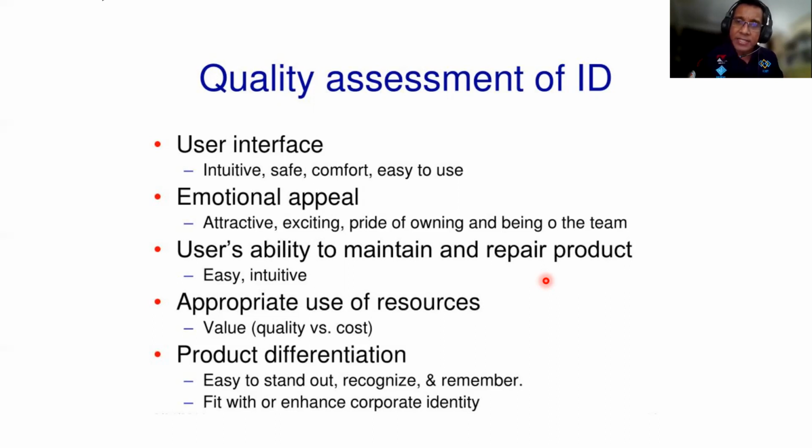So here are the 5 categories for evaluating the product. These categories roughly mesh with the critical goals we discussed in the earlier slide. We have 5 critical goals for the ID.